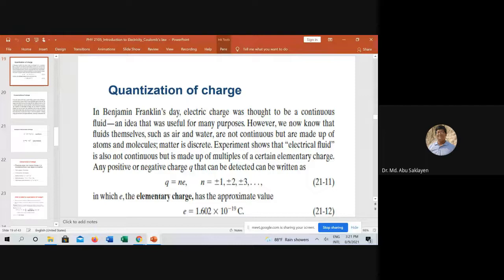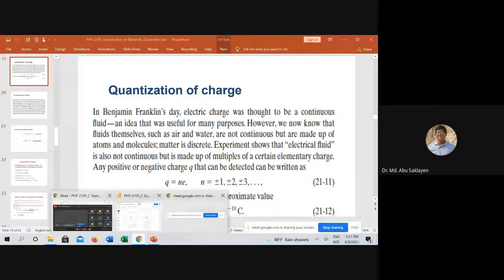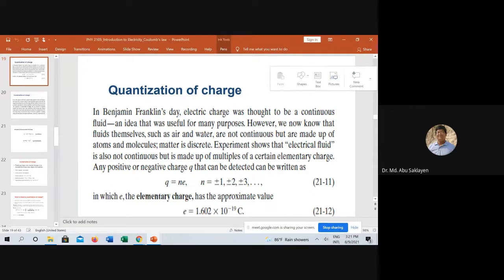The glass rod is charged, right? The glass rod is charged, and the total charge is an integer multiple of the electron charge. Any amount of charge is an integer multiple of the electron charge.